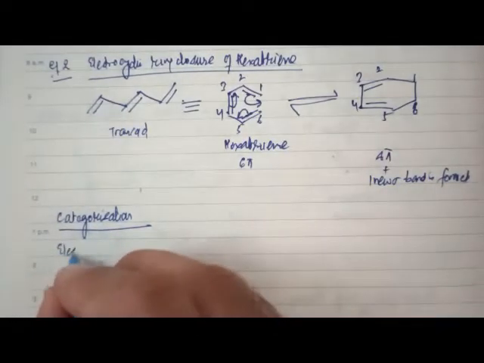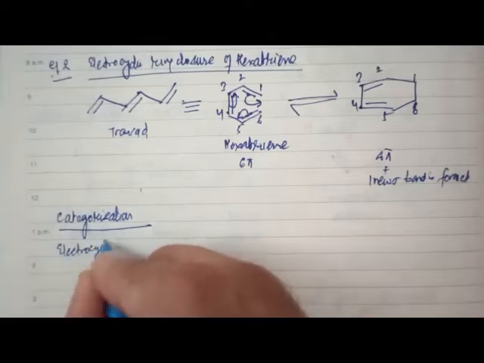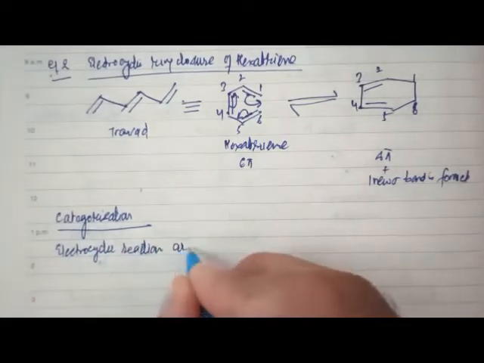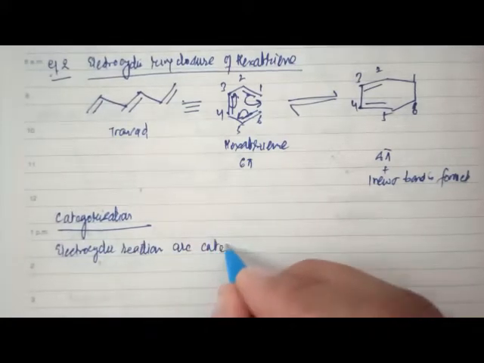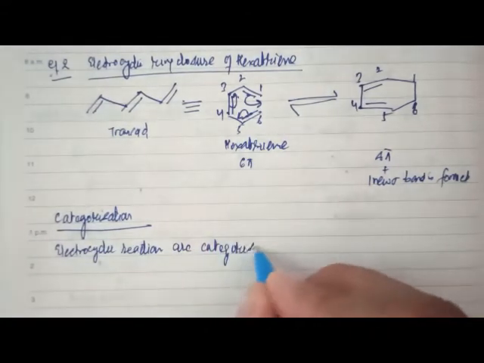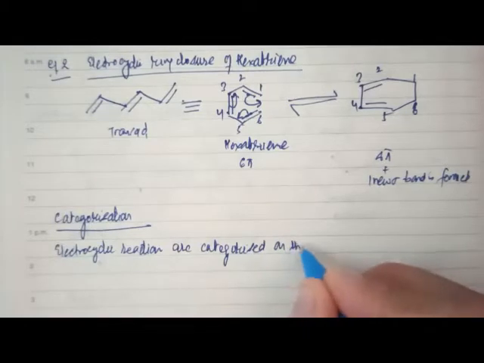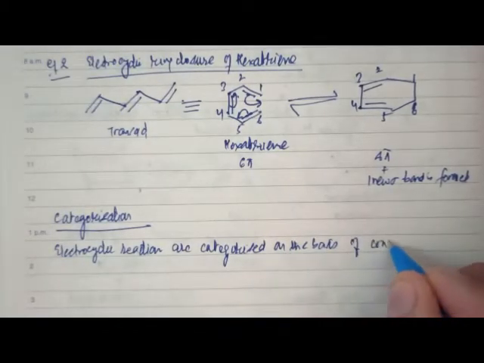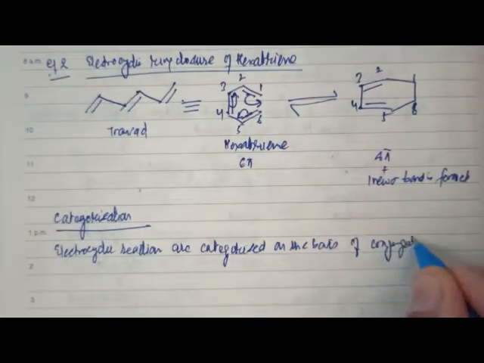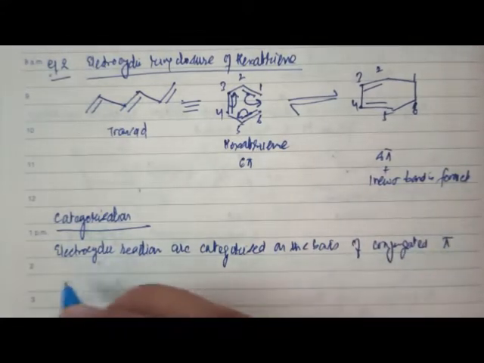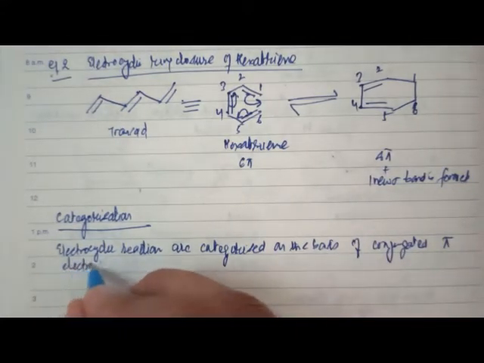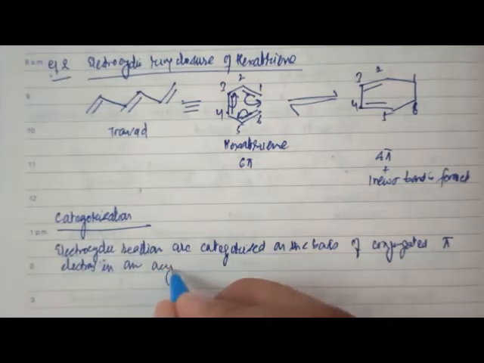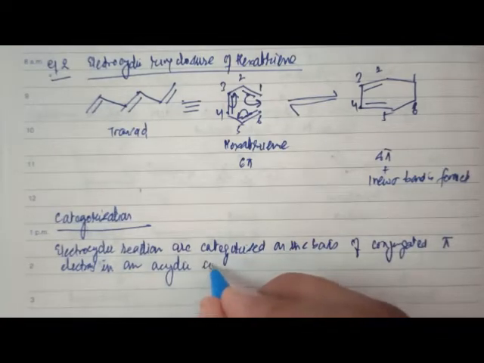Electrocyclic reactions are categorized on the basis of conjugated pi electrons in an acyclic component.